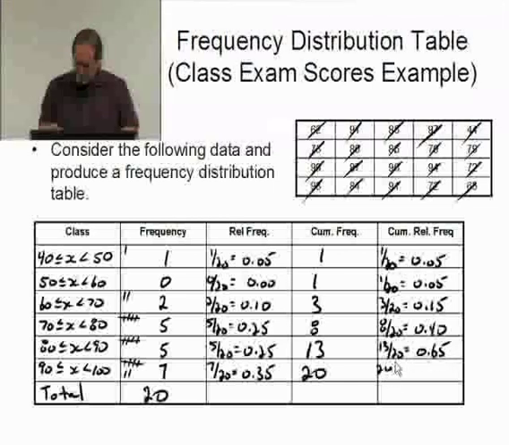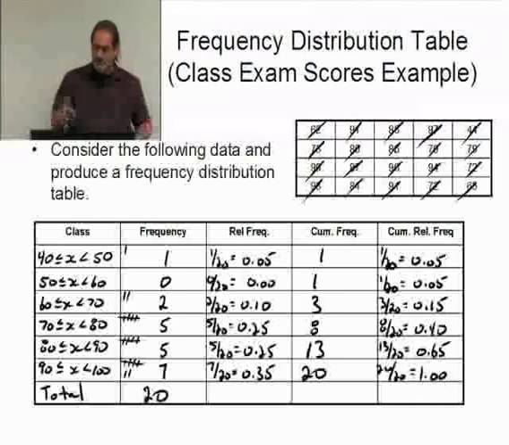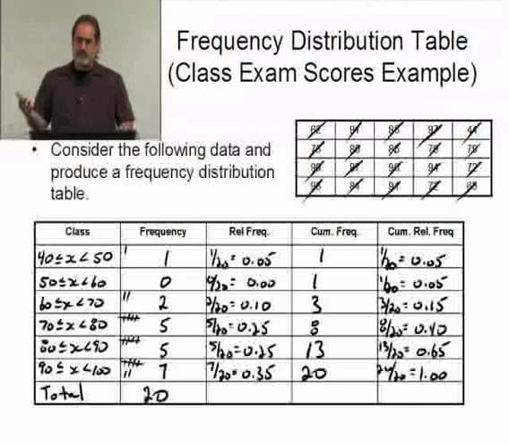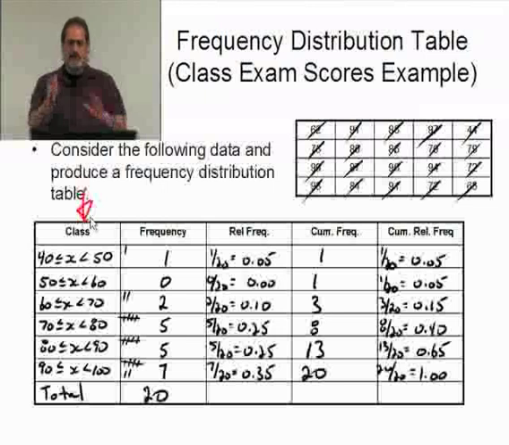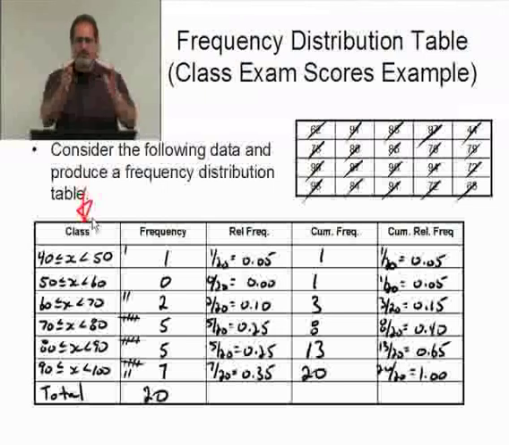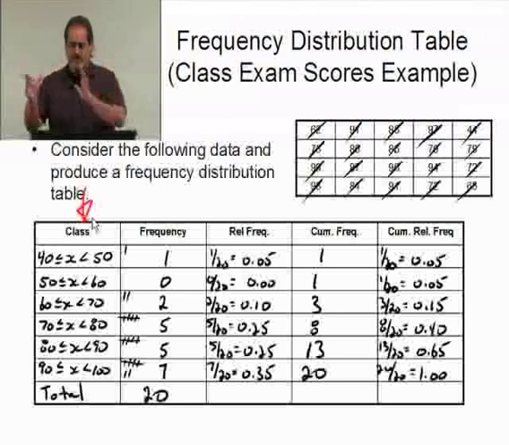And last but not least, 20 out of 20, which of course is 1. It's 100%. So there's my table. It's really no different than what we did with the ordinal data, with the exception being of class. In the class, we need to set our class boundaries, and the class widths need to be the same.